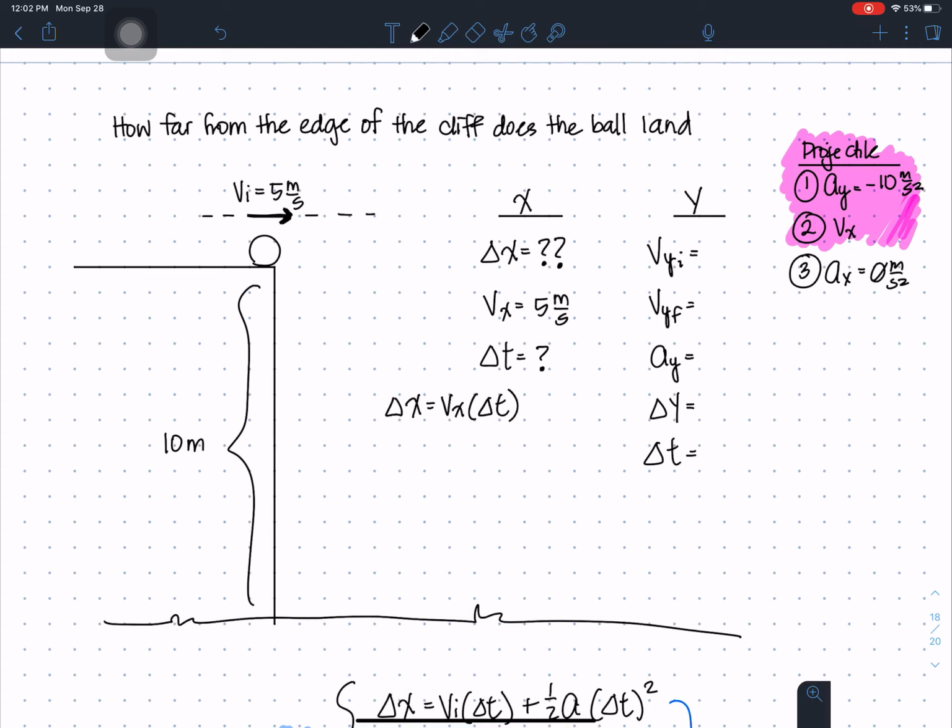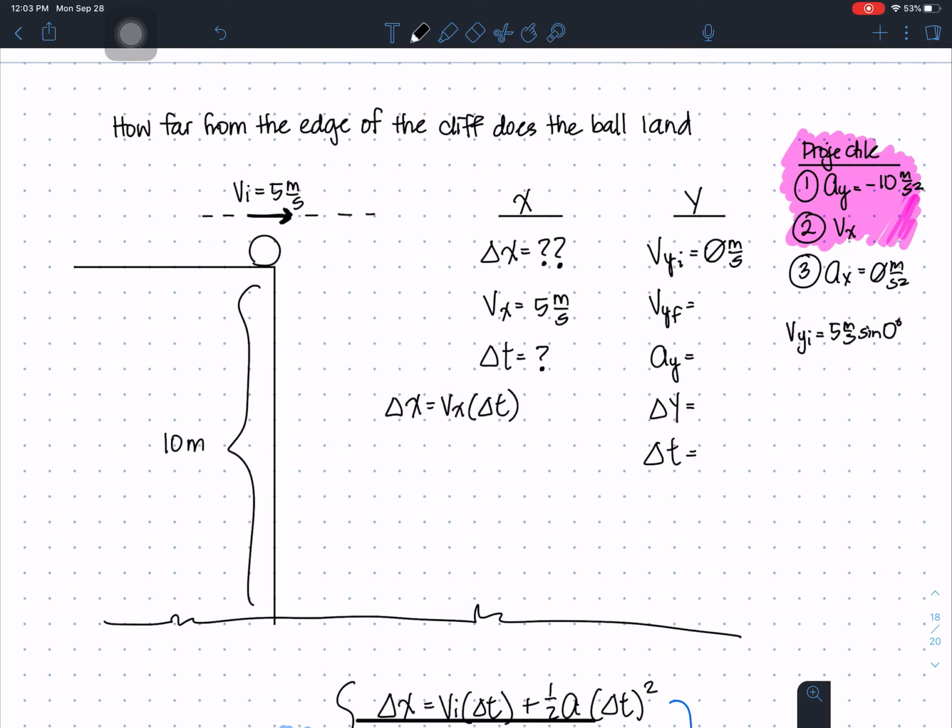So if all of the 5 meters per second of the velocity is horizontal, then none of it is vertical, and Vy initial is 0 meters per second. For those of you, again, that like to solve things mathematically, what you're really saying is that Vyi is equal to the hypotenuse times sine of theta. So we would have 5 meters per second times the sine of 0 degrees.